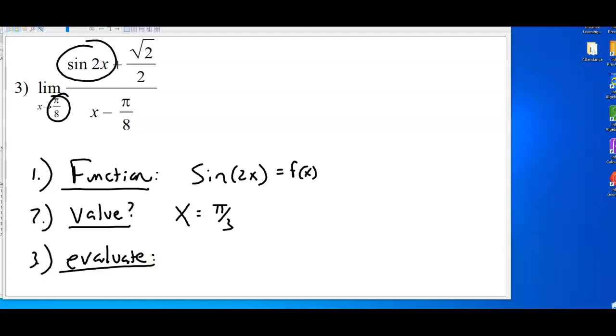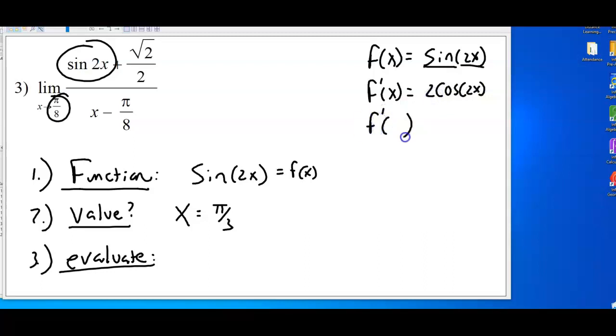So since this limit represents the derivative of this function, I'm going to start by finding the derivative of that function using my shortcuts. It's a chain rule. The derivative of the outside is cosine. The derivative of the inside is 2. And then I'm going to plug in the number that they give me to plug in, which is pi over 8. Okay?